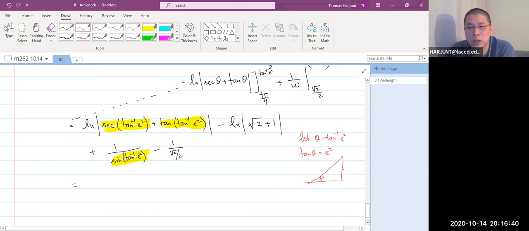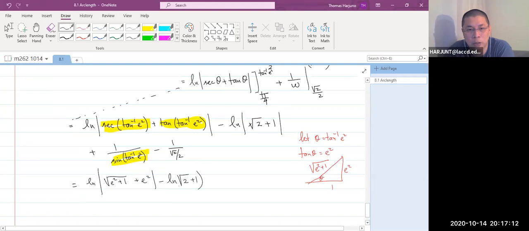If this is theta, this is e squared, this is 1, this is square root of e squared plus 1. So secant of tangent inverse will be square root of e squared plus 1, right? Plus e squared minus natural log of square root of 2 plus 1.